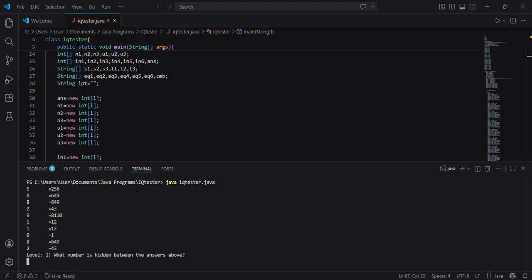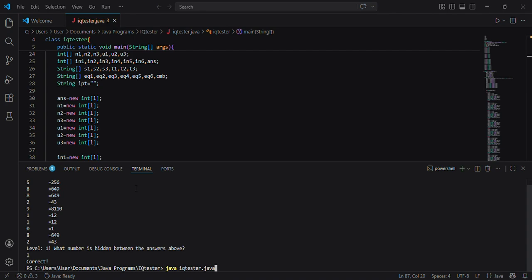The 9 next to 64 is the sum of 8 and 1. So 8 plus 1 is 9. Below it is 2. The 2 multiplied by itself is 4, and 2 plus 1 is 3. So the hidden number is 1.